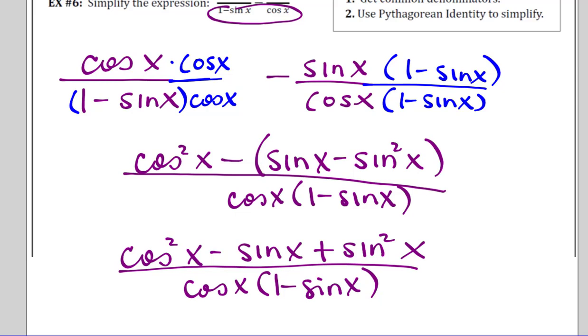Would you look to see if any of the Pythagorean identities apply? Yes, I would check to see if I can use any of my Pythagorean identities. Okay, can I? Y'all are shaking your heads no.